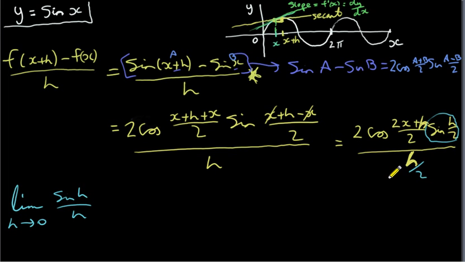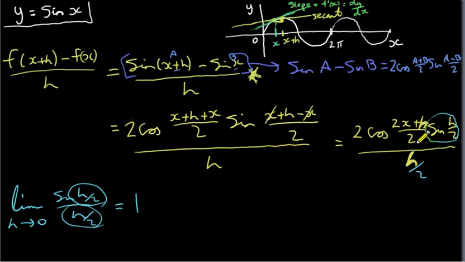So we'll have to have a h over 2 here. So we can actually have h over 2 here, as long as this thing goes to 0 as h goes to 0, which it does. If h goes to 0, h over 2 will go to 0. These must be the same. And as I explained before, this is 1, if your angle is in radians, which it is, of course.